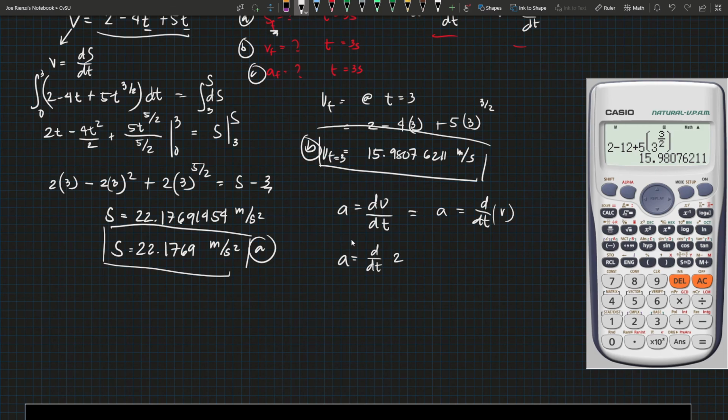So yung ating 2 minus 4t plus 5t 3 halves. So i-apply lang natin tong function na to. So derivative kuhain natin. So mangyayari dyan, constant magiging 0, negative 4 na lang siya, yung exponent mawawala, plus 5, 3 halves t raised to 1 half. Tama, yan.